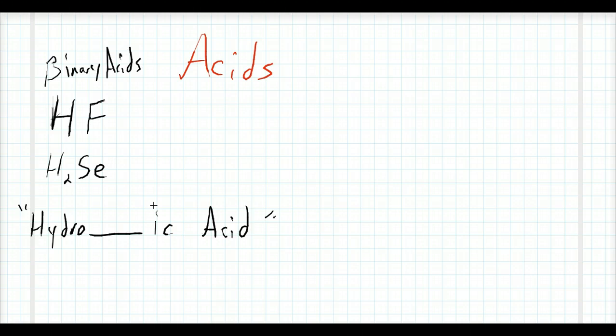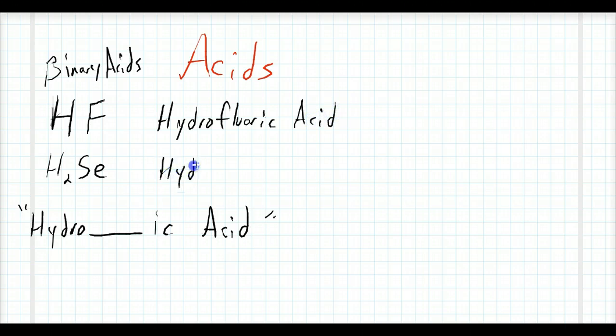What actually goes into the blank is whatever the H is bonded to. So for this one, fluorine turns into fluoric acid. For this one, selenium turns into selenic acid.